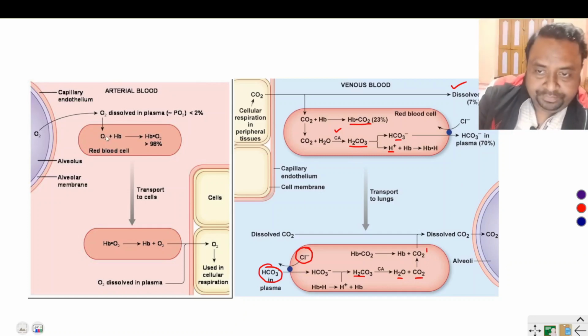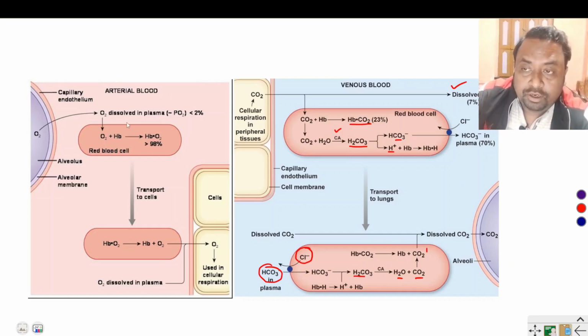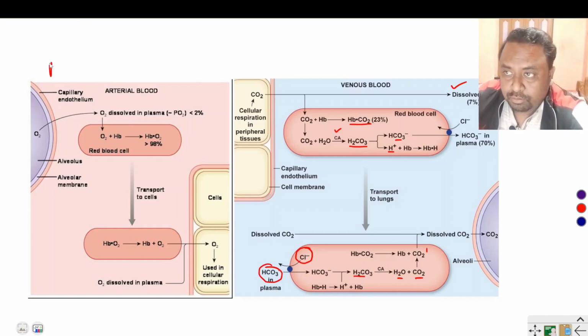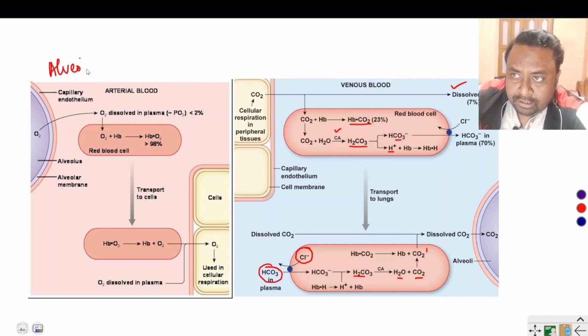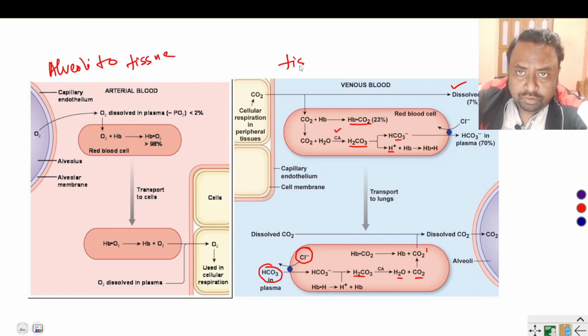And now hemoglobin, oxygen transport. Oxygen is transported from alveoli to cell or tissue, and here from tissue to alveoli.